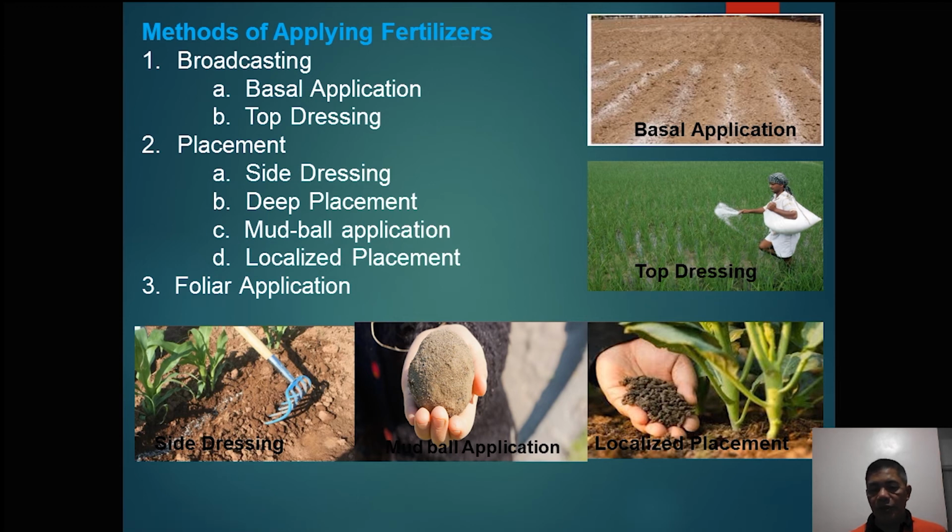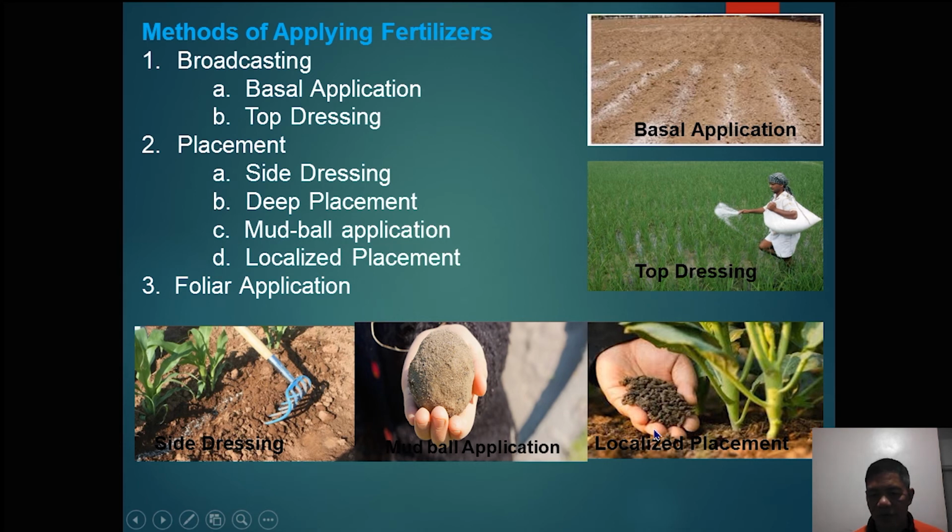Since you are aware of the tip of the plant, the safest way in placing the fertilizer is to look at the tip of the leaves of the plant. That's the level where you will place the fertilizer. For instance, this is the tip of the plant, you place it here. But there are other farmers who place the fertilizer somewhere here.